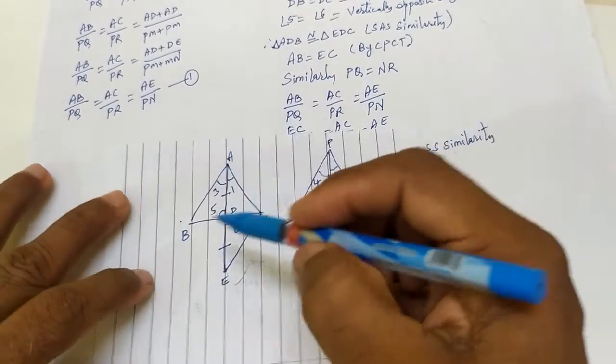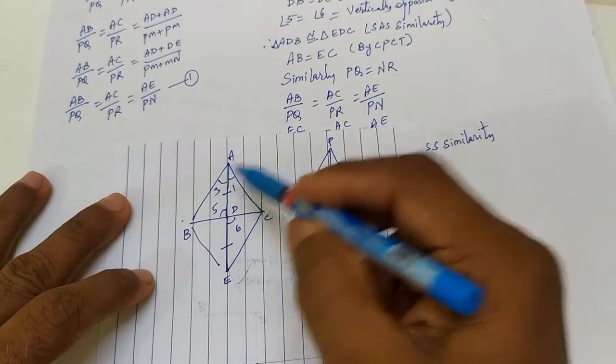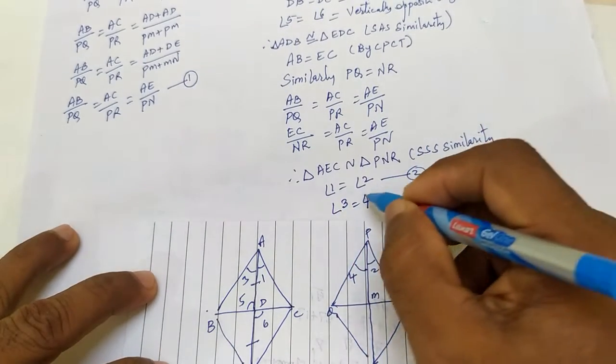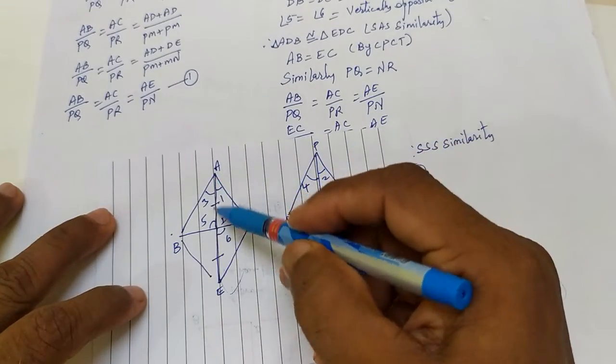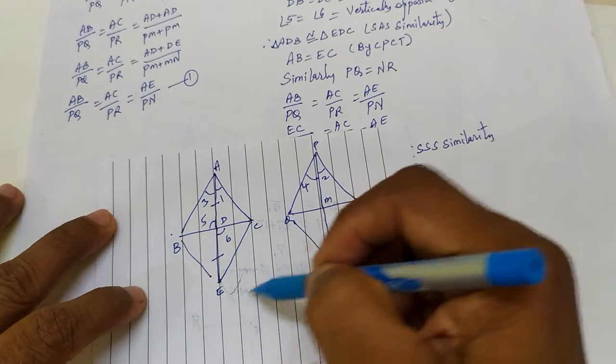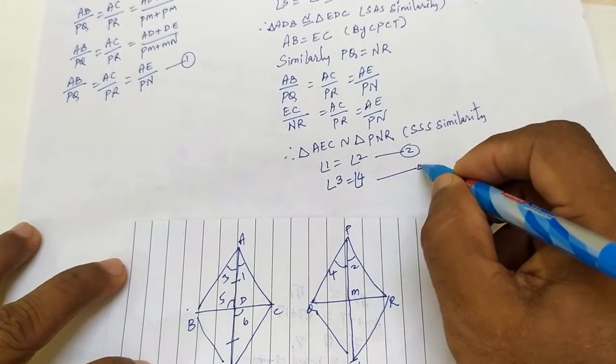Also we can join BE and QN and prove that angle 3 is equal to angle 4. As we have proved this side and showed this side as equal, we can also join this, and therefore we get angle 3 is equal to angle 4.